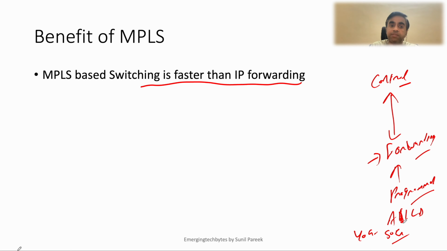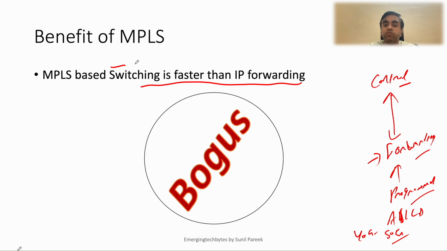So saying that MPLS based switching is faster than IP based forwarding is actually a bogus benefit. If somebody is deploying MPLS just for this reason, that's a bogus benefit.